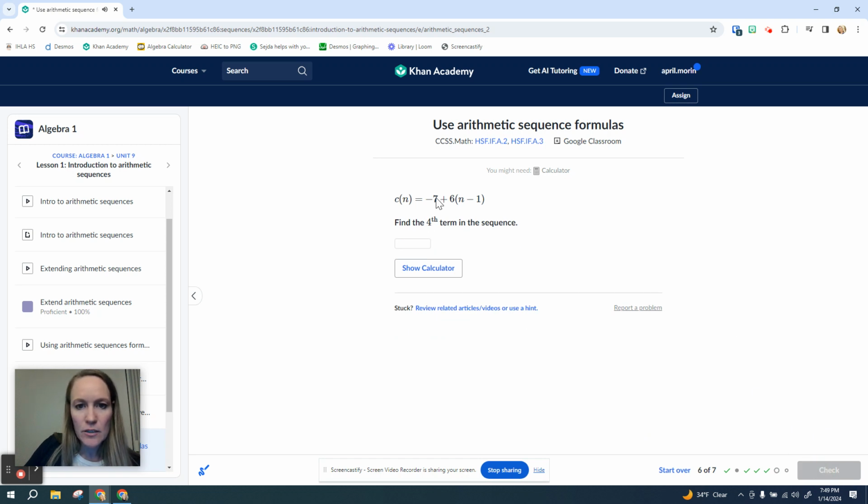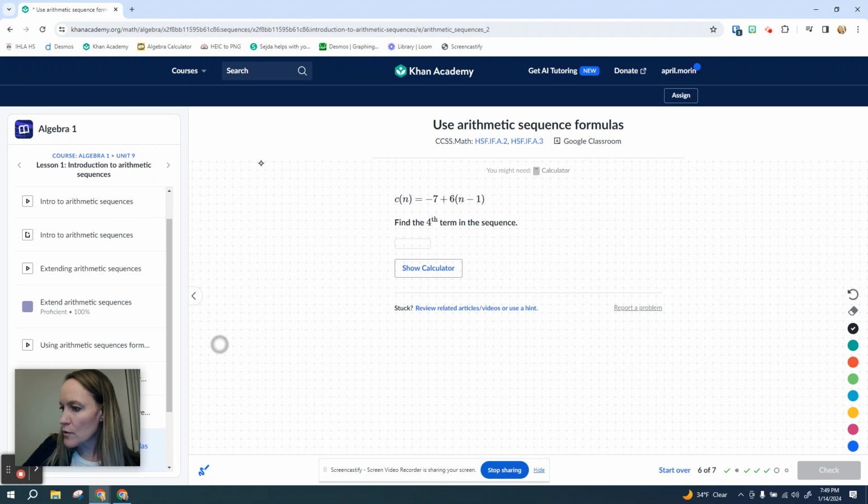All right, so -7. Oh, again, no C's, right? Here's my C of n. No C's in my formula, so I don't need to write out every term. I can just plug in number 4 in there. So C of 4 equals -7 plus 6 times, I'm going to stick 4 right in there, 4 minus 1.